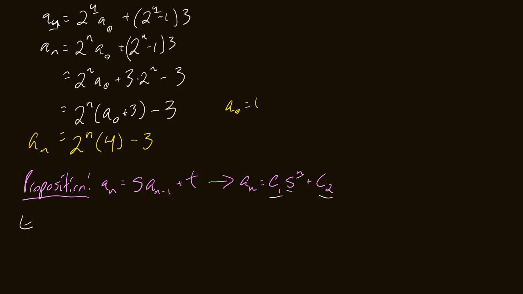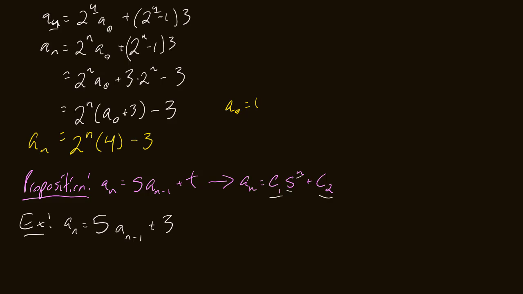So our example is going to be 5 times, hold on. First, we should write a sub n is equal to 5 times a sub n minus 1 plus 3. Okay, so in this case, we're of the form s times a sub n minus 1 plus t.